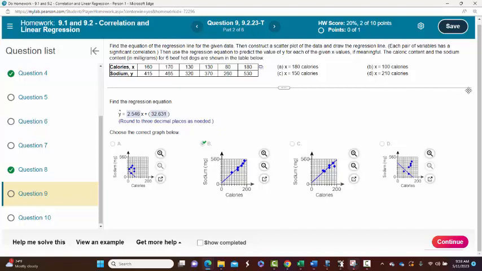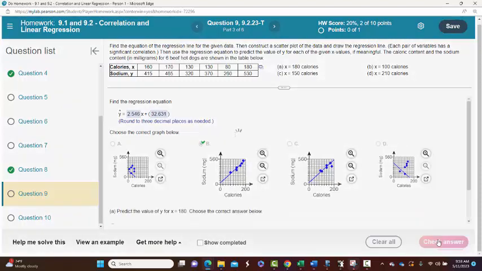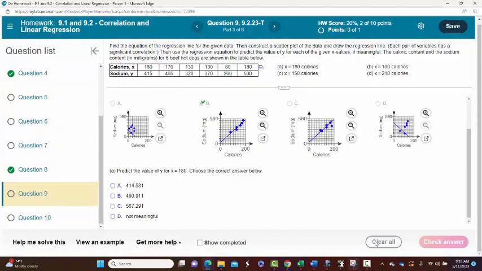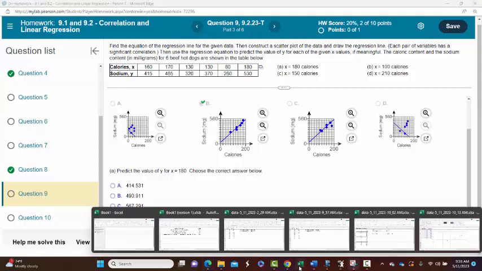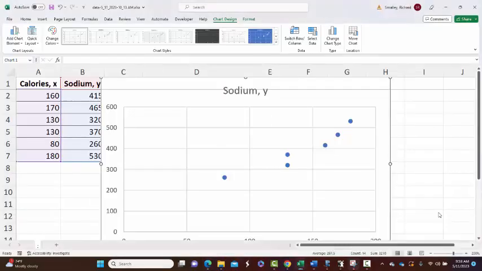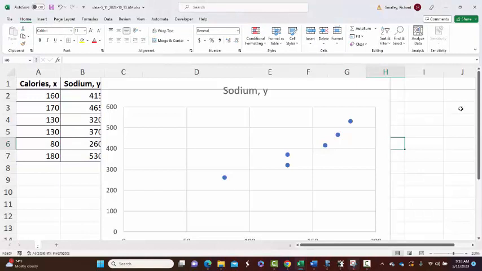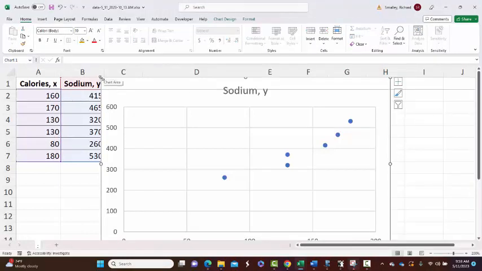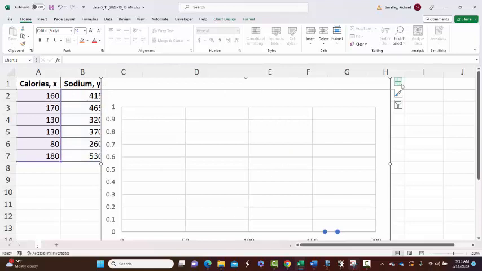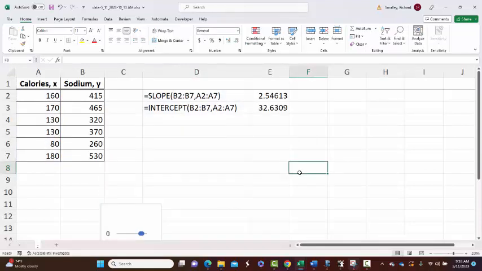But we can do A, B, and C. I'm going to do the same thing I did in the last example and get rid of this graph. Okay, I can just super shrink it. That's good enough.